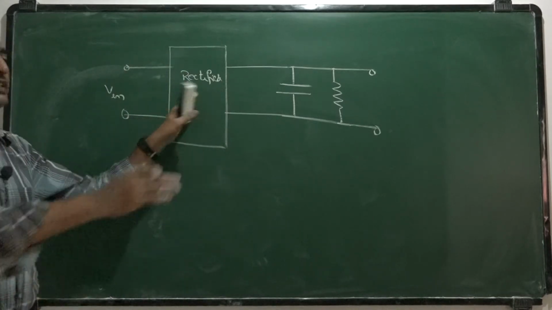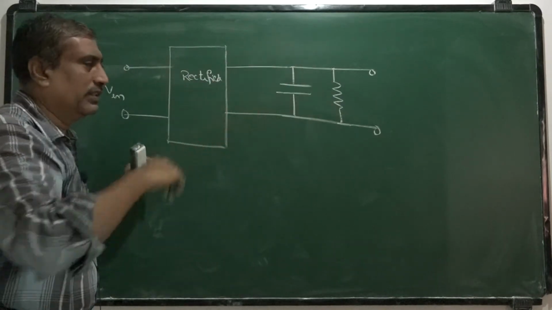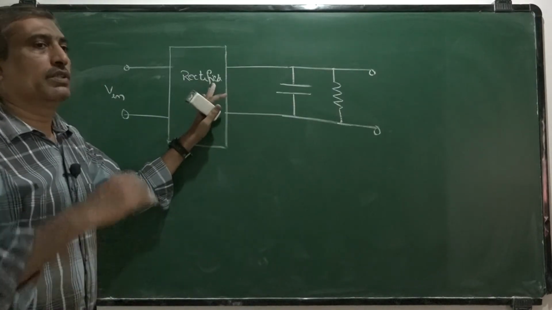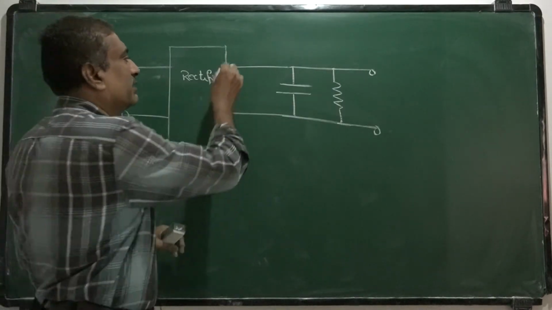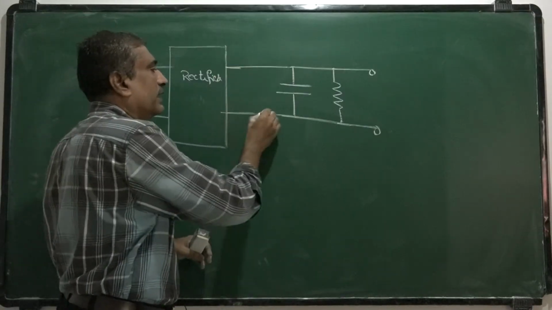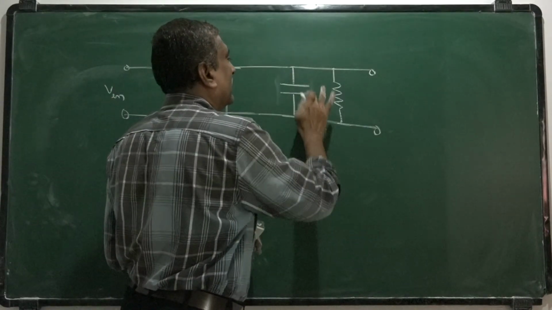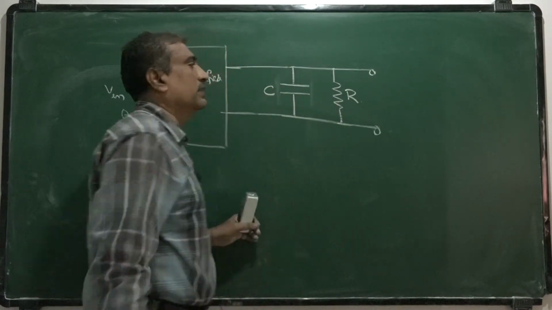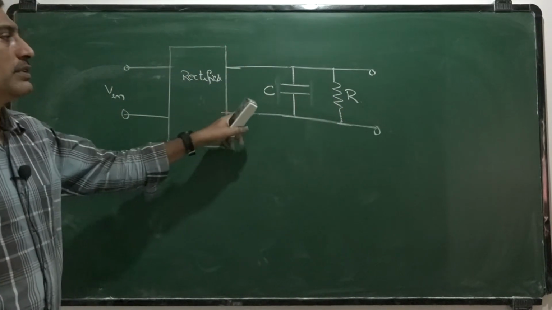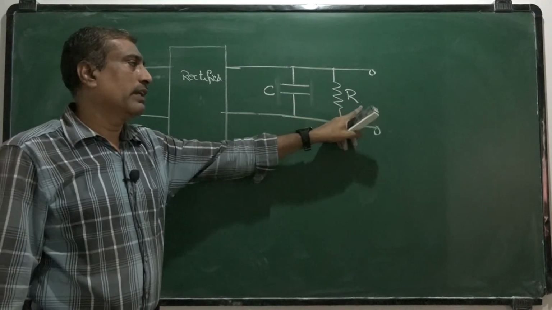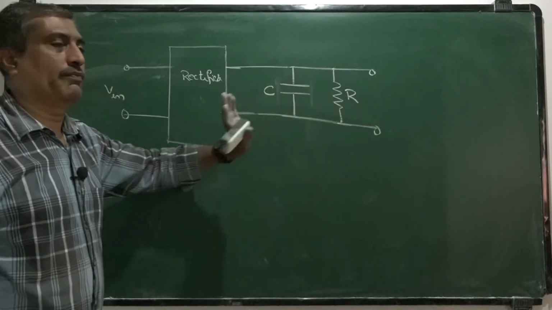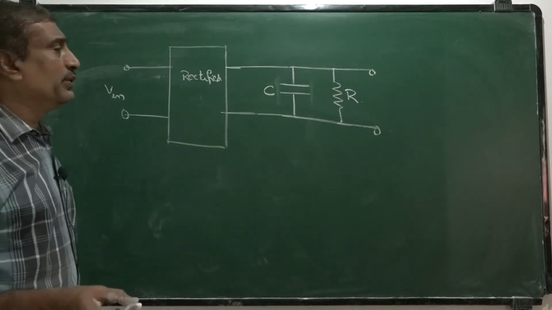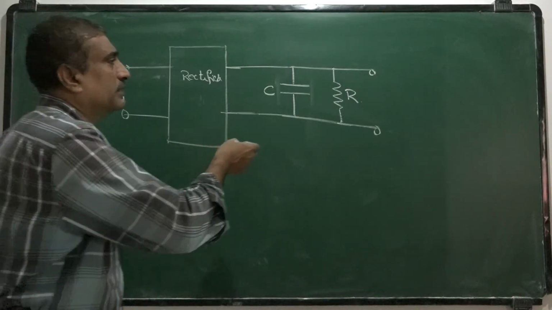The rectifier means the full wave rectifier, which we have discussed previously. So the output of this rectifier is connected to a capacitor, in parallel with a resistance R like this. This gives a rectifier with a filter circuit. How this filter circuit works, actually, what happens is like this.